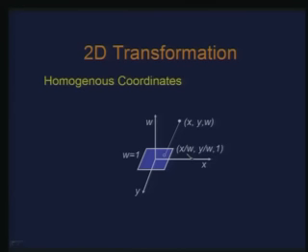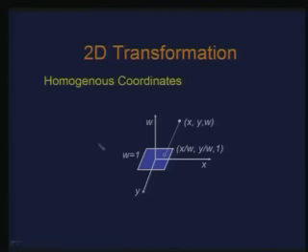When W is equal to 0, the point I am talking about in my Cartesian space is a point at infinity. So, I now have a mechanism to represent even points at infinity, which I did not have otherwise in the Cartesian space.